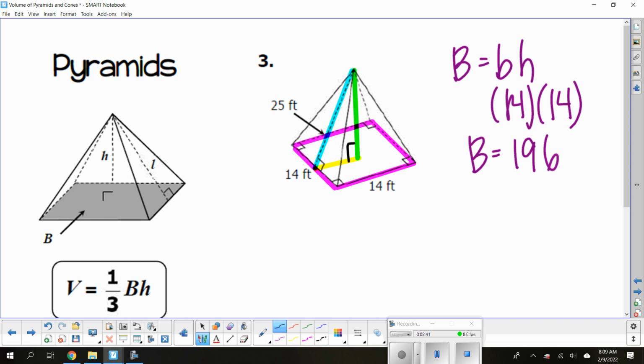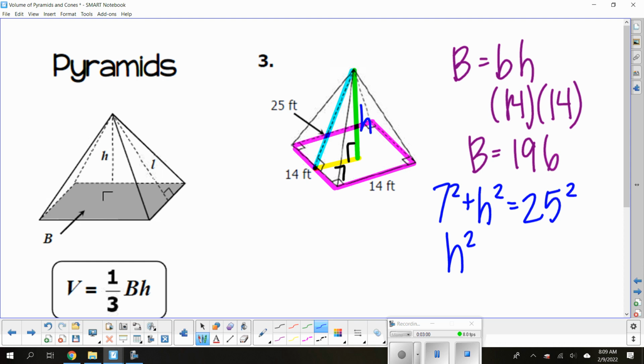This is the actual height. So I have the hypotenuse, and I have this yellow segment. It's halfway through that base. So halfway 14 is going to be 7, and I can solve for my height. So again, 7 squared plus h squared equals 25 squared.